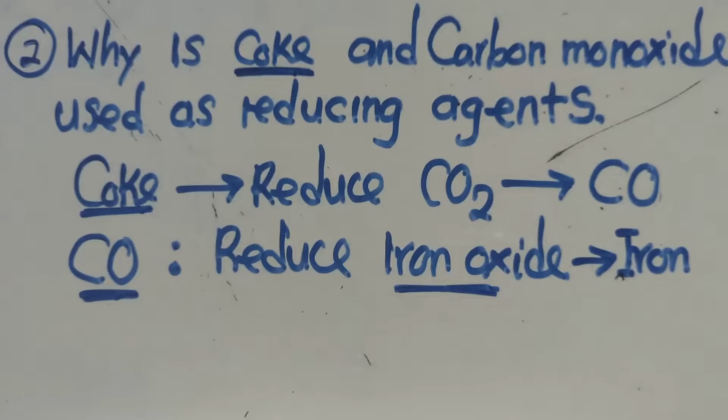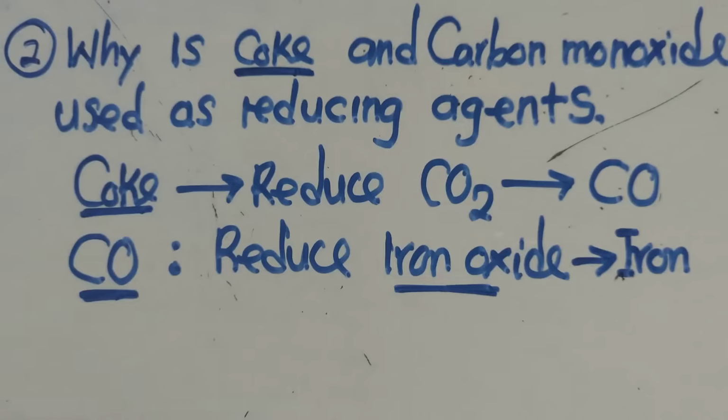I've got question 4 with me, saying, what is the role of the slag and what does it prevent? In my explanation, I told you that calcium oxide reacts with silicon dioxide, which is sand, to form calcium silicate, or slag. The role of the slag is to float on the iron.